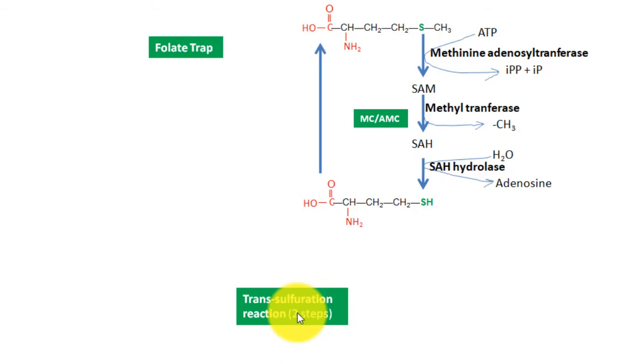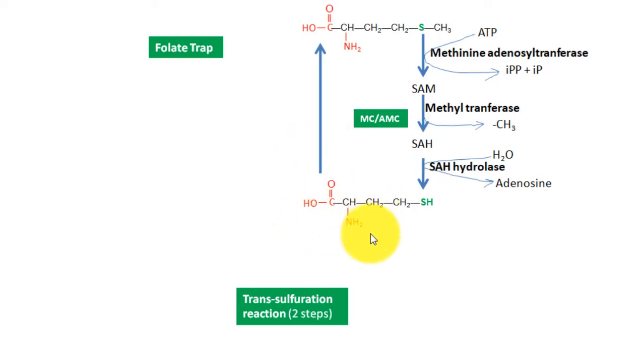This we have to understand. If there is a problem in this pathway, there will also be homocystinuria. So homocysteine has two ways to go: this way upward and this way downward. If there is a blockage in the downward way, there will also be homocystinuria.